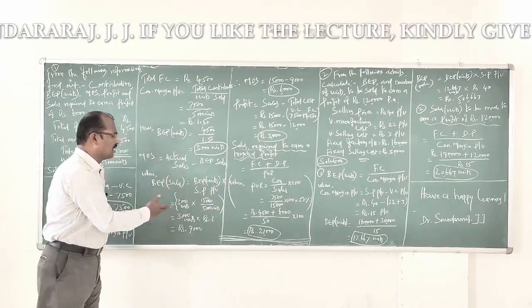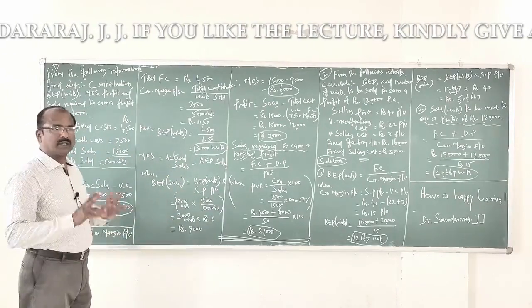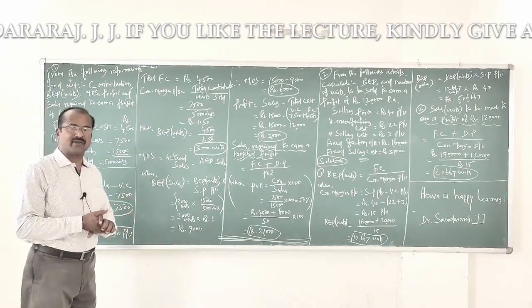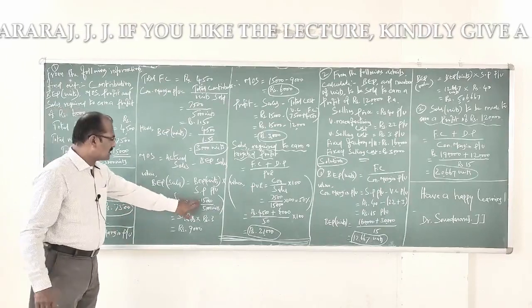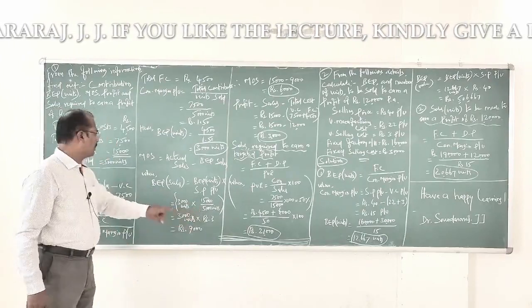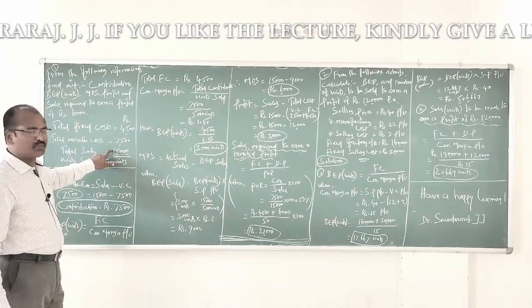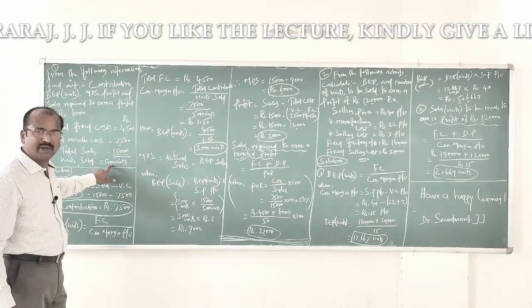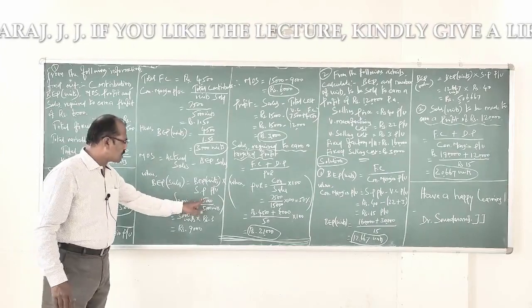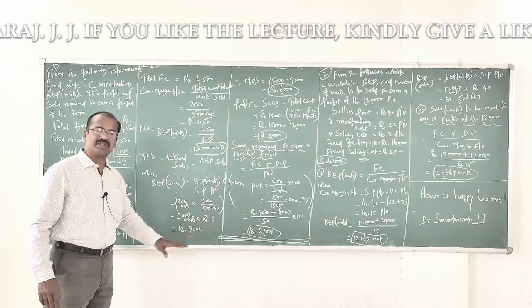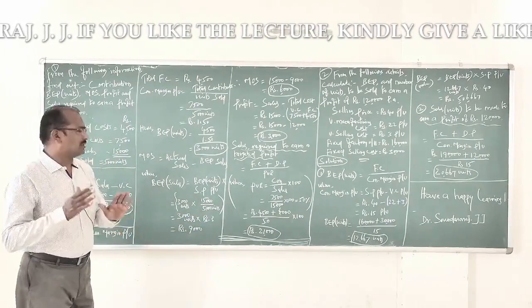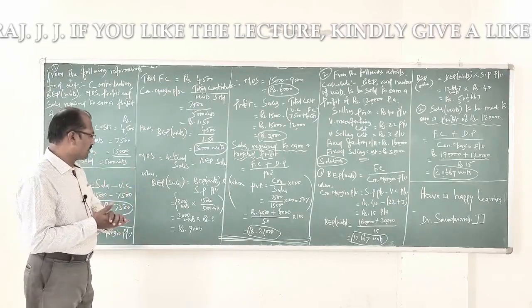Selling price per unit could be computed with two accounting data given in the problem. How? Total sales divided by number of units sold. Total sales is 15,000 rupees divided by number of units sold, 5,000 units. If you simplify this, you come to know rupees 3, that's nothing but the selling price per unit. Fine.